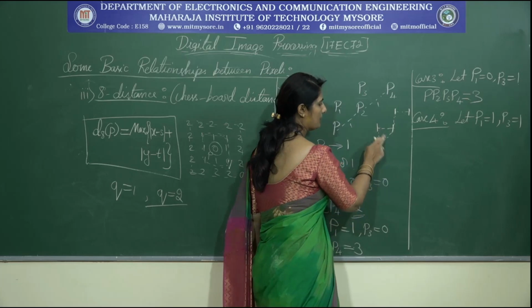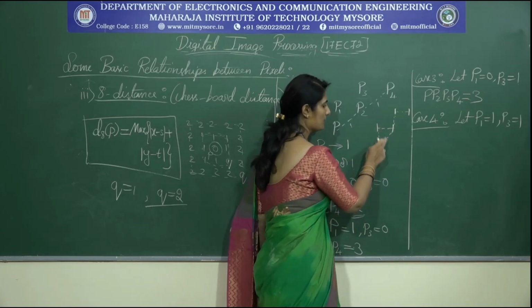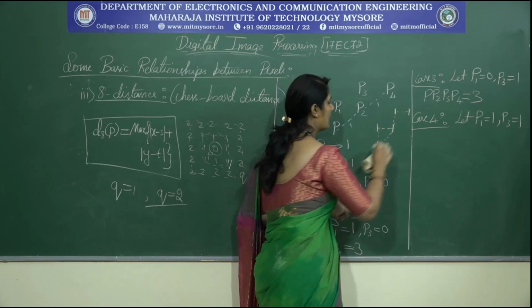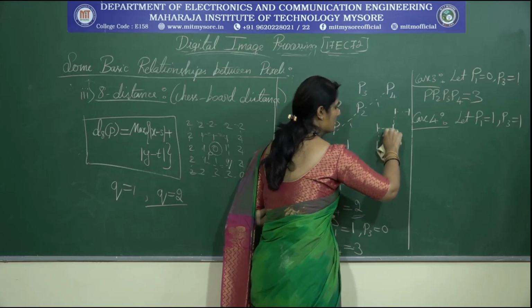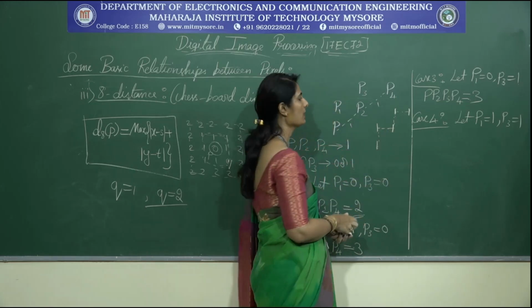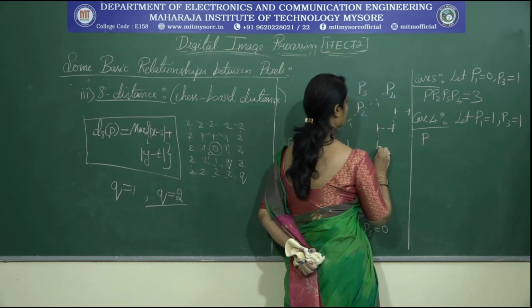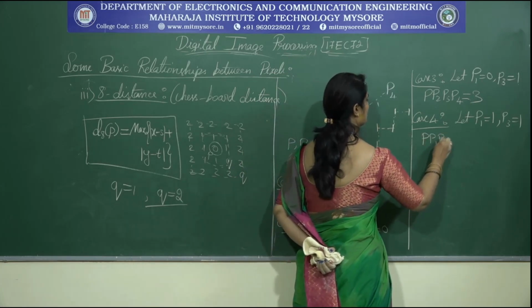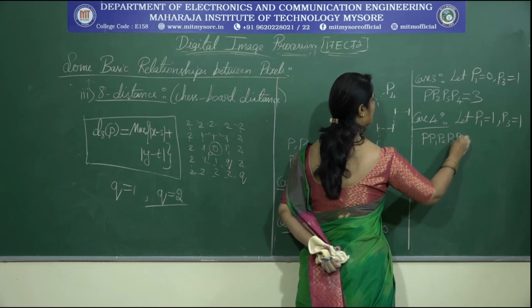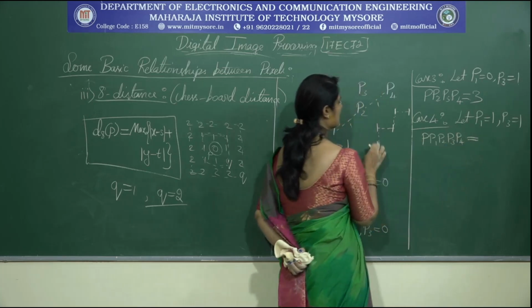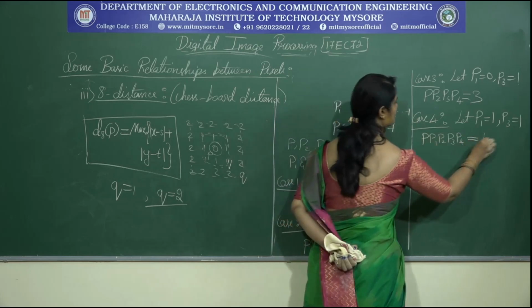So whenever you have ambiguities like this, whenever you have two paths, you always have to choose the 4 adjacent path. Okay. So now the path is from P, P1, P2, P3 and P4 and the distance is 1, 2, 3, 4.